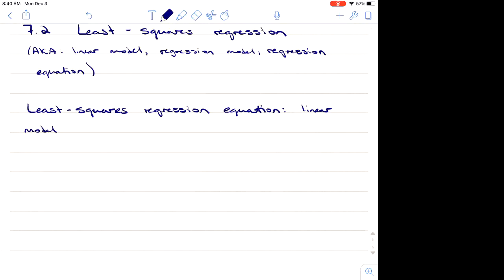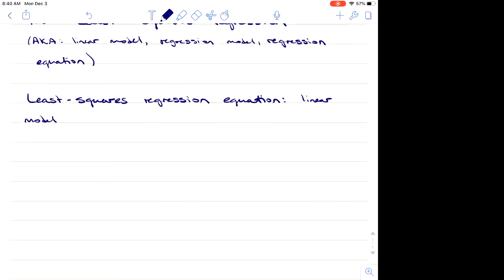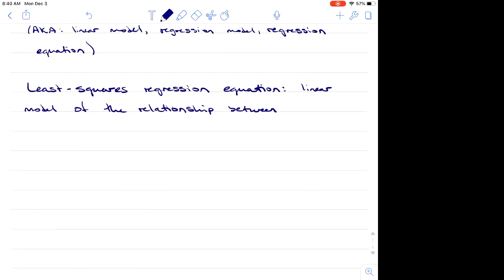And all of stats is just modeling behaviors. So it's a linear model of the relationship between X and Y. All that is to say, line of best fit.